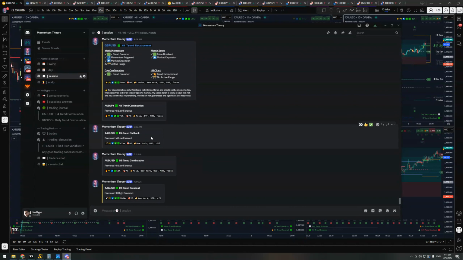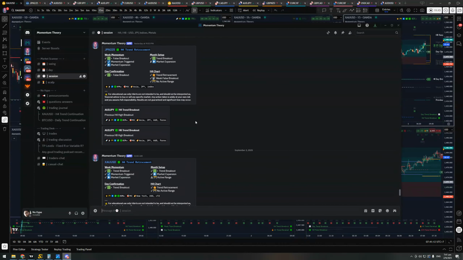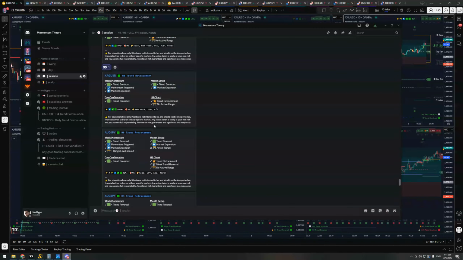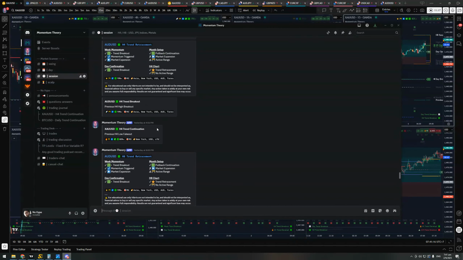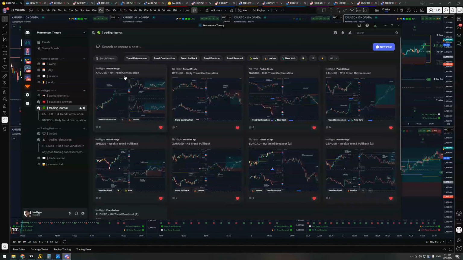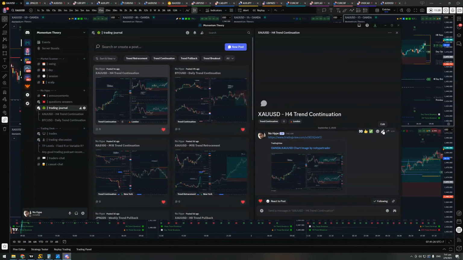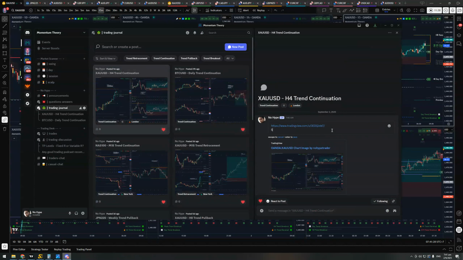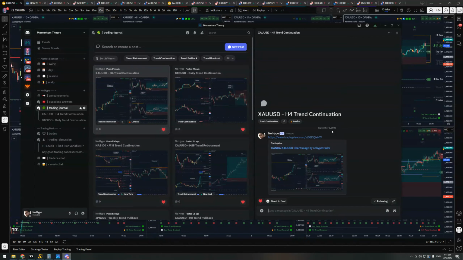Maybe it was a trend pullback. Oh no, this is today's. So let's see. This one, yesterday, yeah. So I basically don't want to be taking any trades unless I found it on the scanner. And that's it.